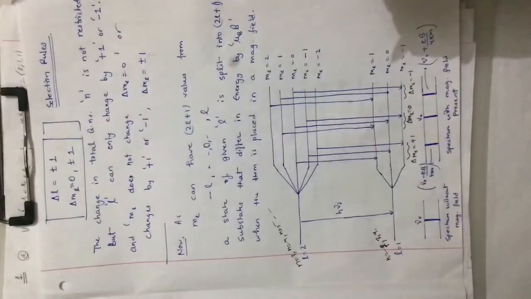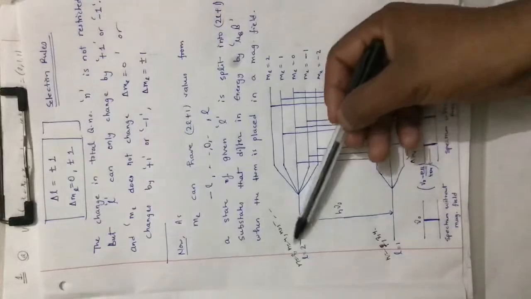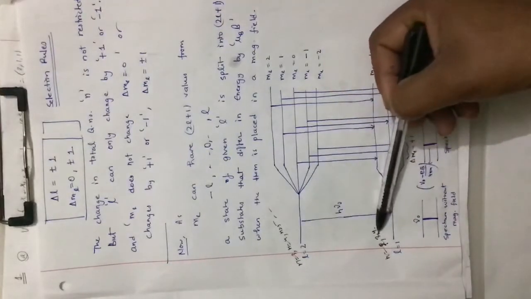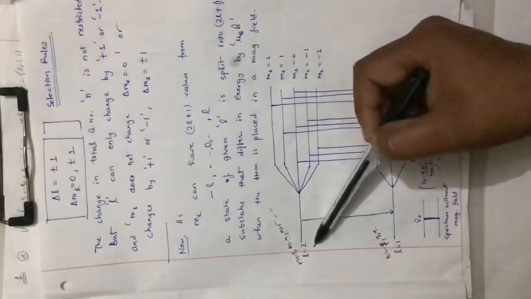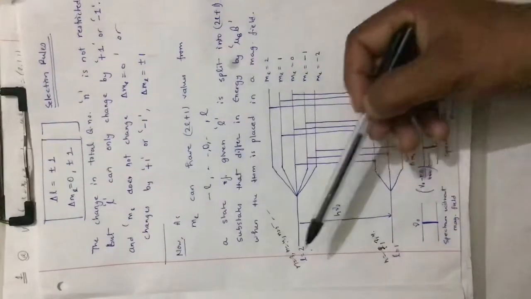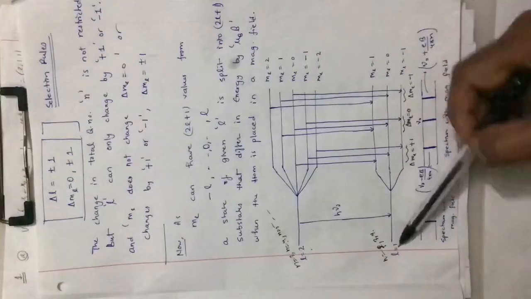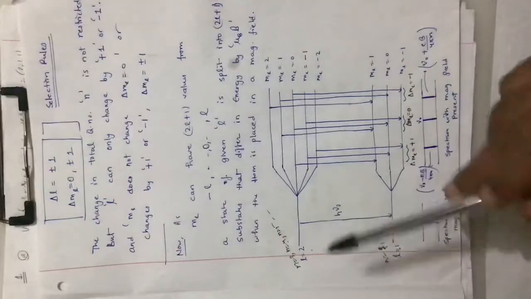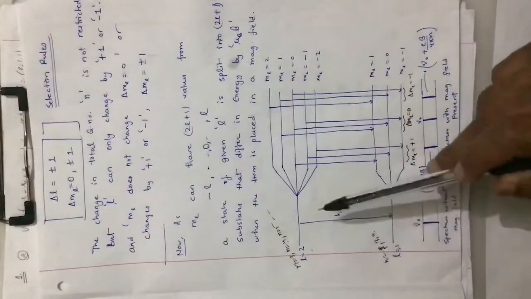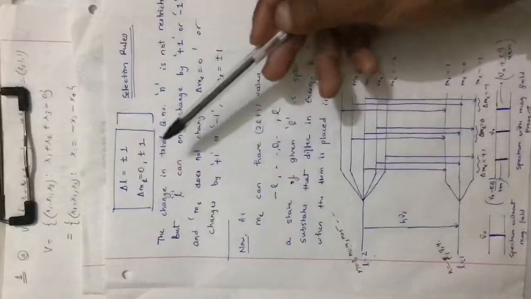If N is equal to 2 here, N can be 3 here, 4 here, and anything. So for N is equal to 4 to N is equal to 3, if this is the transition happening, then for N is equal to 4, I am taking a particular state L is equal to 2. And for N is equal to 3, here I am taking the L is equal to 1 state. Because del L is also limited by plus minus 1 according to the selection rules for these radiative transitions.